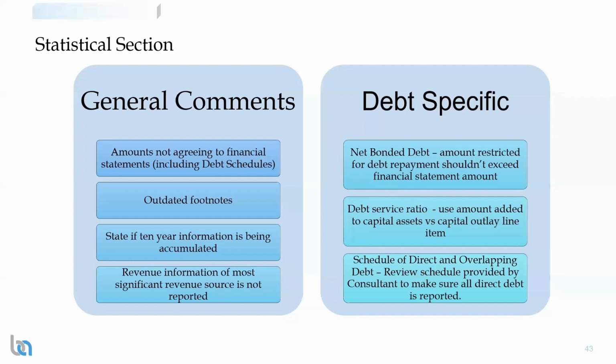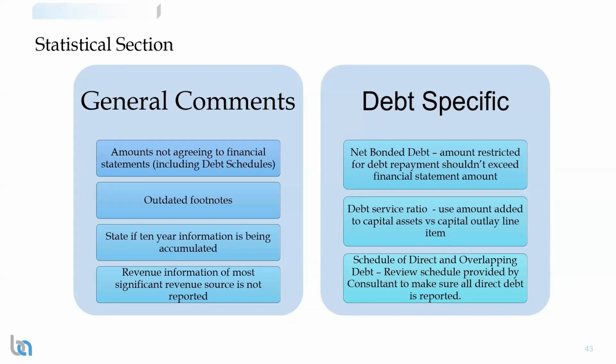It shouldn't be calculated using capital outlay. Capital outlay may include items that are not being capitalized or may omit some items that are being capitalized. You want to look at your reconciliation page of your ACFR for governmental activities to the government-wide, and then use what's actually being capitalized as part of this calculation.